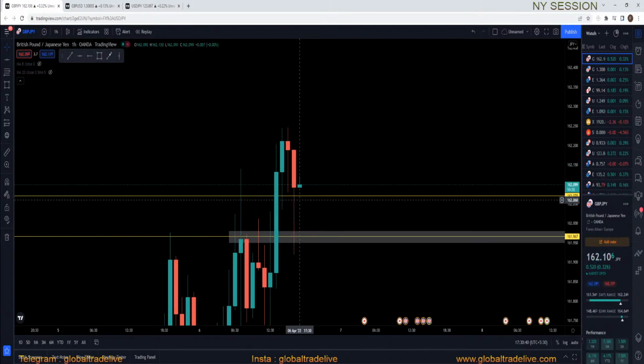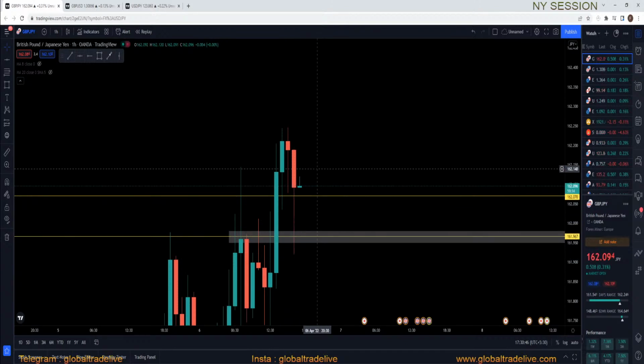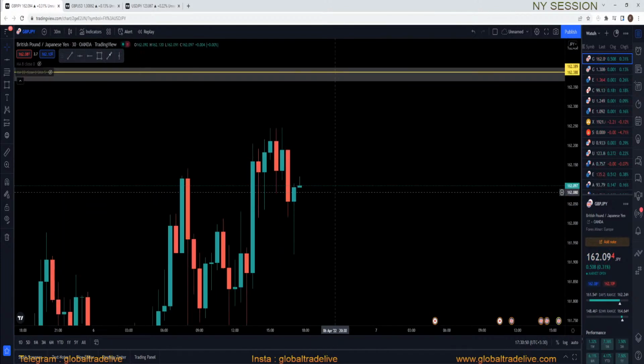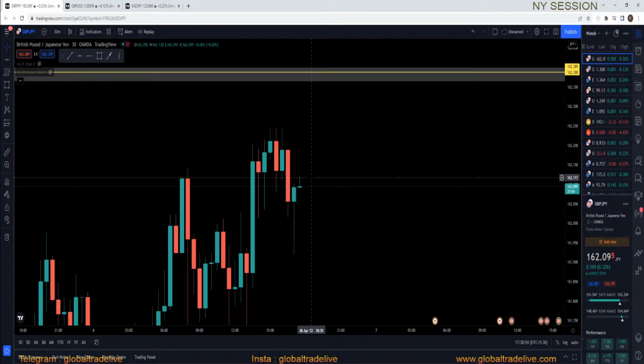Also, the 1 hour candle closed above this area by rejecting this area over here. Yeah, it's still bullish. I think the market is still bullish over here.